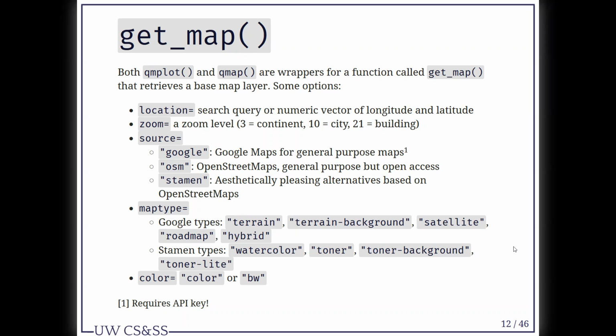So you could say location UW, and it would find it for you as best as whatever the top option is. You can also say zoom equals, where lower numbers are farther away and higher numbers are closer to the ground. You can specify the source, things like Google, which we like, Google Maps.